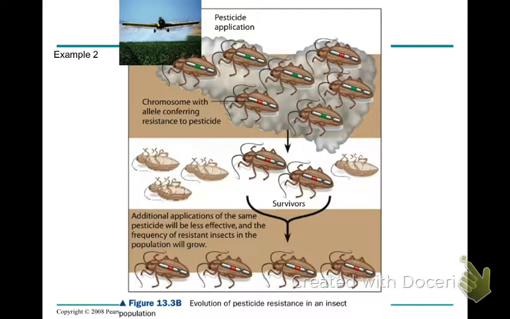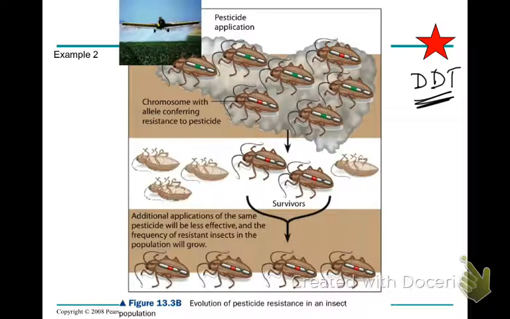Another example, this is in real life. Prior to the chemical synthesis of DDT, the pesticide DDT, in the wild population of the pests that they had looked at, not all of them would be resistant to this particular pesticide.